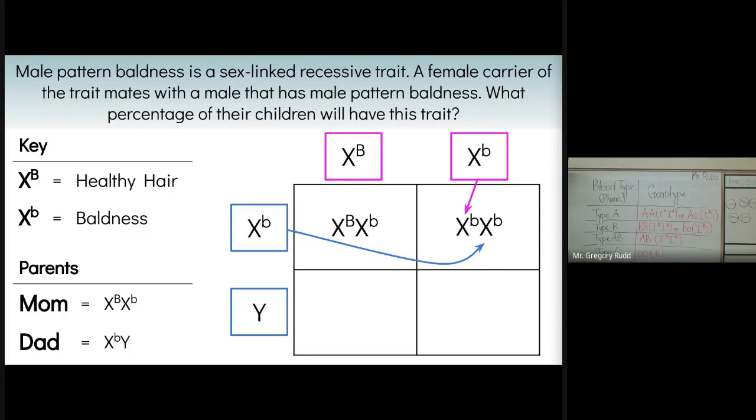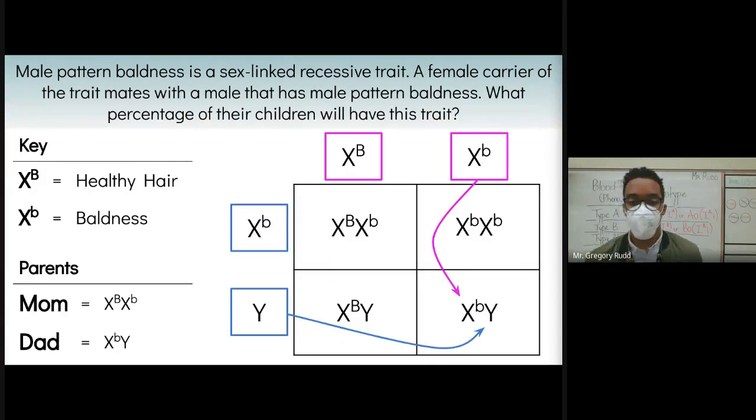And we can literally follow these and see how we're moving these alleles over. Sayana, what would be in this box? X capital B Y. Good. And then Lisa, can you finish this off? X lowercase b Y. Good. Excellent job.